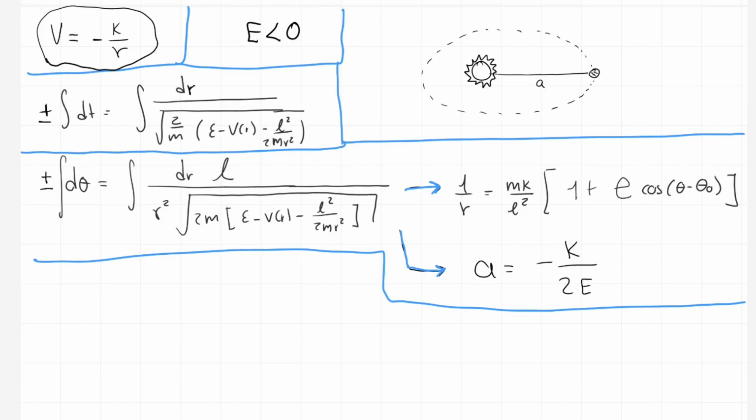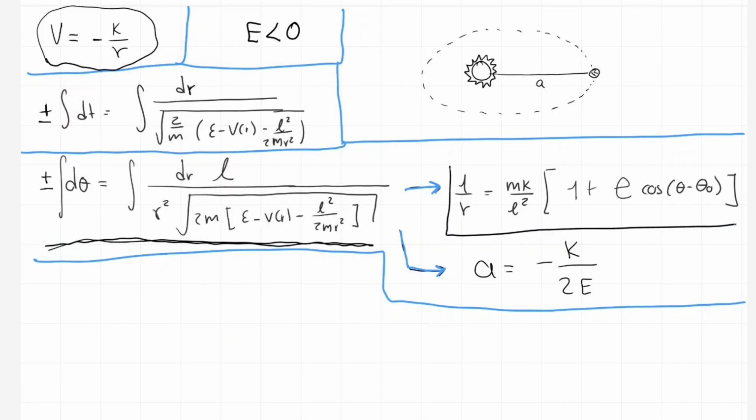In previous videos we found two equations to describe the motion of the planet around the Sun. One is to find the orbit of the planet. We have seen this equation in a previous video, and we got this result here.